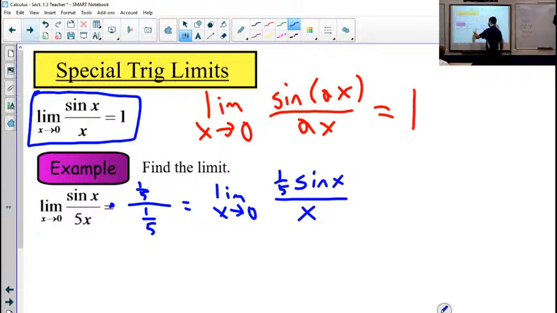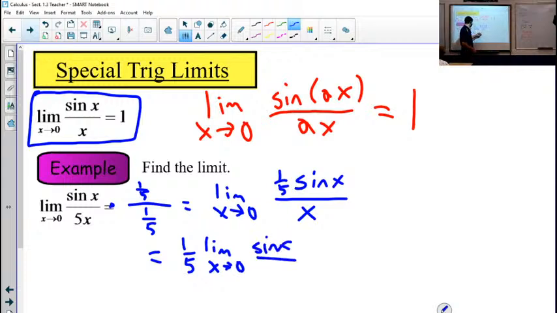In other words, 1/5 is on the top, so I can bring it out in front. I can take this limit, put it out in front. That's one of our properties of limits. 1/5 of the limit as x approaches 0 of sine of x over x. Bingo, we've turned it into sine of x over x.